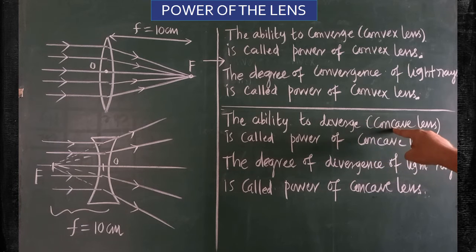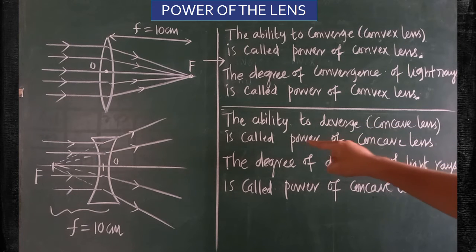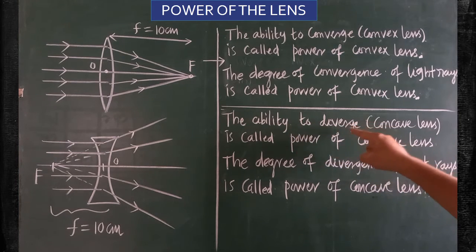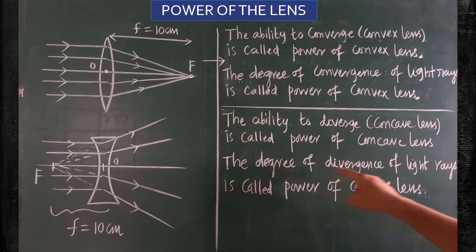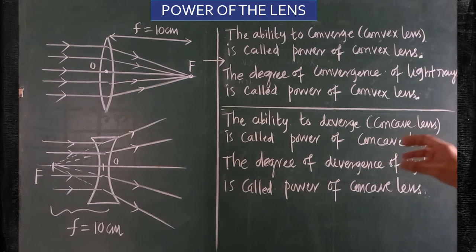Who is able to diverge? Concave lens is able to diverge the rays. That ability to diverge the light rays is called, what is this? Power of concave lens. Otherwise we can call it the degree of divergence of light rays is called power of concave lens. But in the textbook definition, both are combined as a single statement.